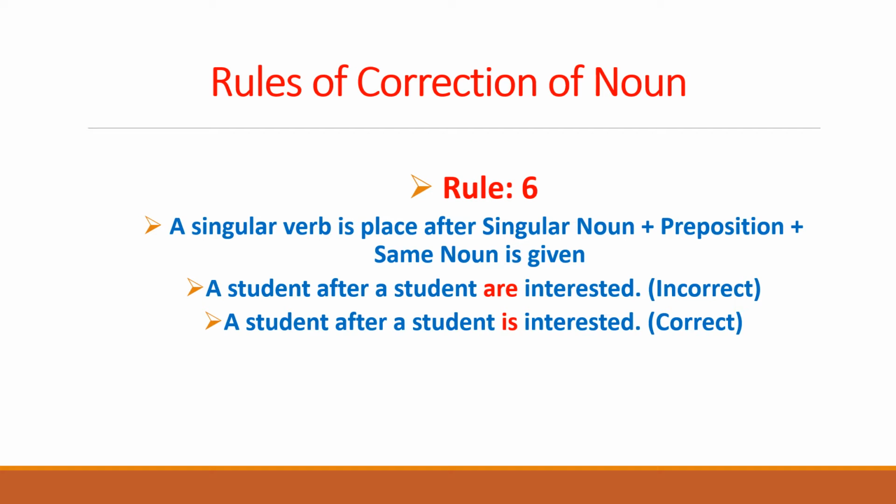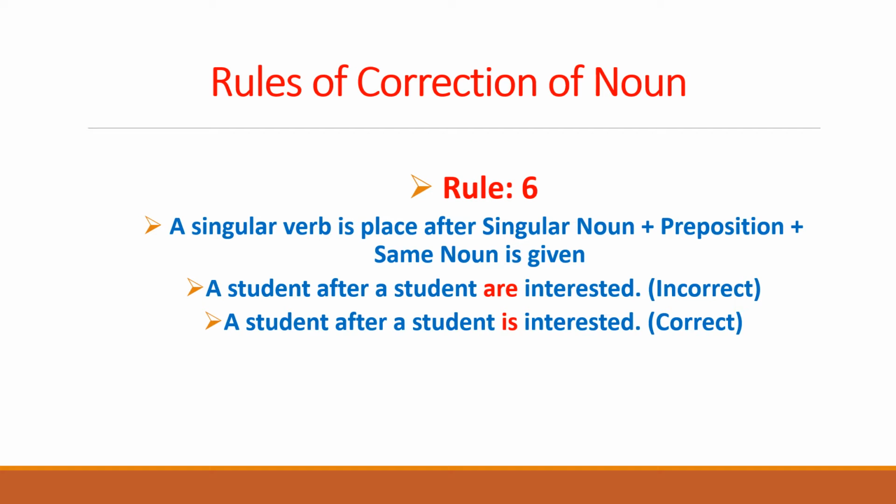We can move to the example. A student after a student are interested. We can see that there is a student, that is the noun, then there is the preposition, that is after, and again a student. The same noun is repeated: a student after a student.